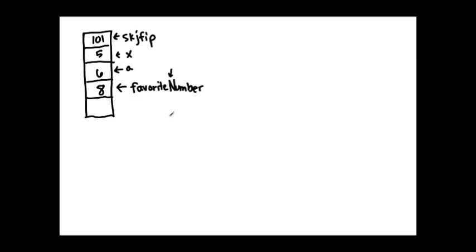And another thing to think about when you're creating your variable names is that to a computer, favorite number with a capital N is different than the word favorite number with a lowercase n.